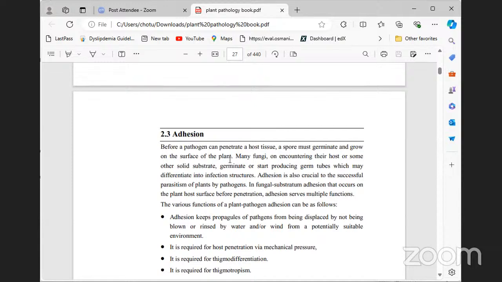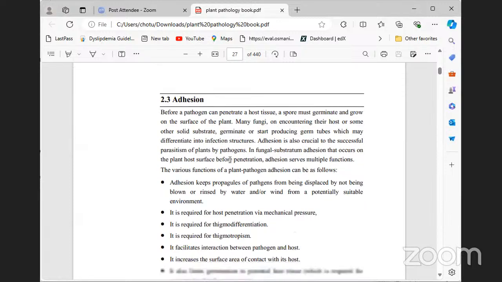Many fungi, on encountering their host or some other solid substrate, germinate or start producing germ tubes, which may differentiate into infection structures. Adhesion is also crucial to successful parasitism of plants by pathogens.